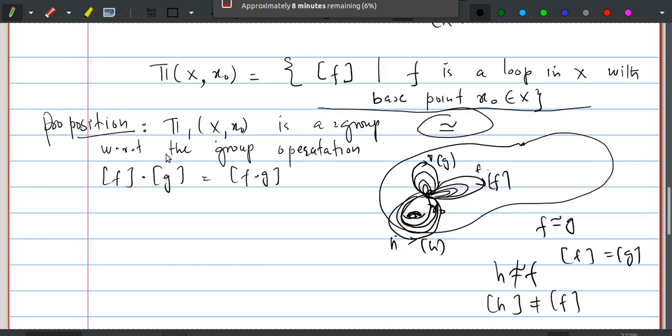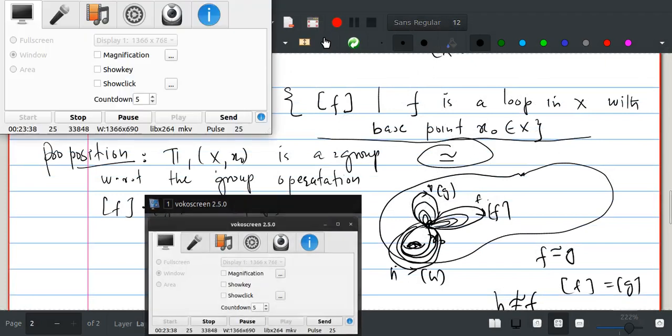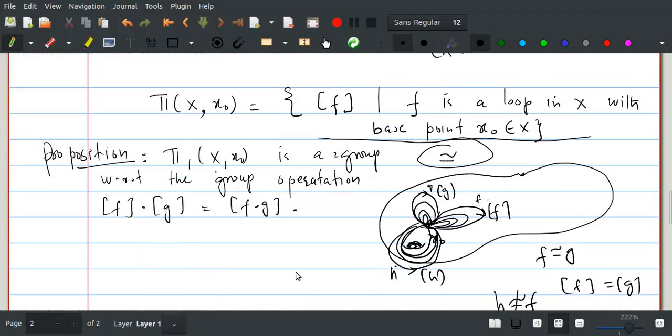We have to prove that this is a group with respect to this operation. First of all, we will show that this operation is well defined. In the next lecture we will prove this proposition, that pi 1 of X, x naught is a group.